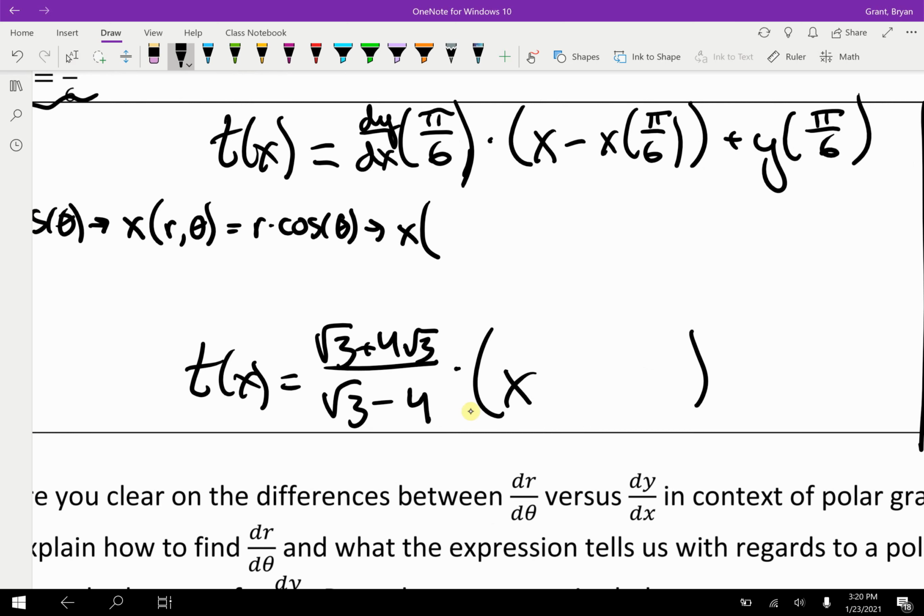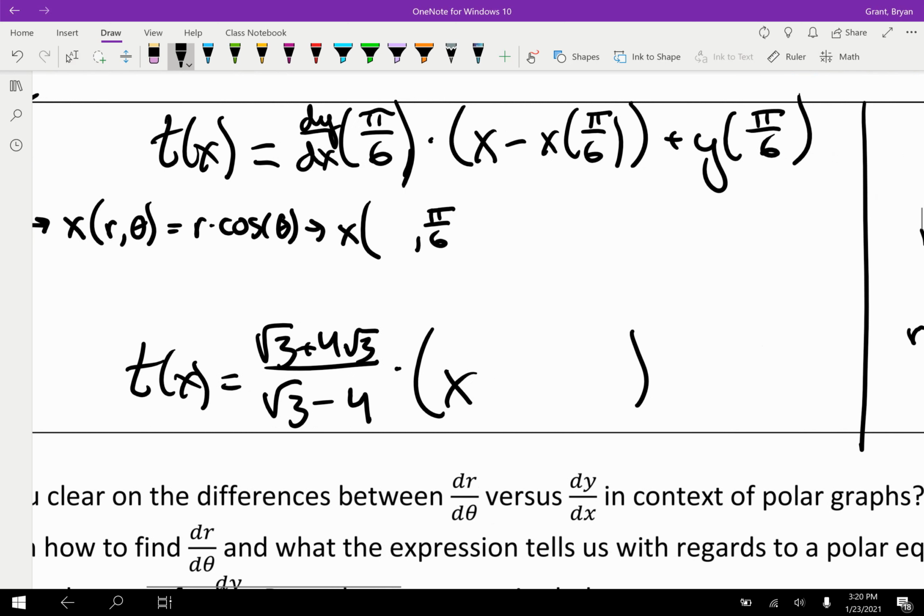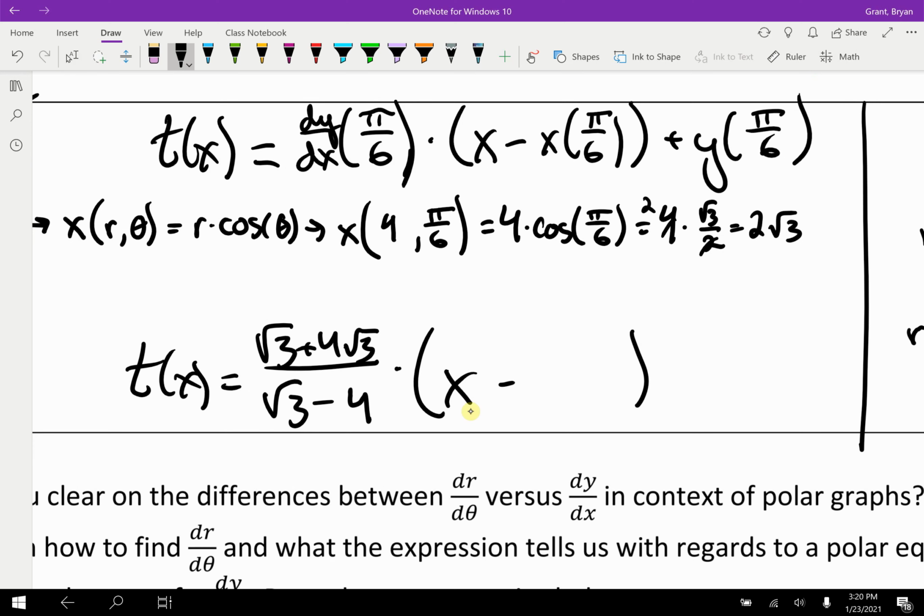And so even though they want to know what is the x value at pi over 6, we're also using the r that we just found. That was 4. And so we get 4 times the cosine of pi over 6, which is 4 times the square root of 3 over 2. We do a little reducing, and we get 2 square roots of 3 for our x value.